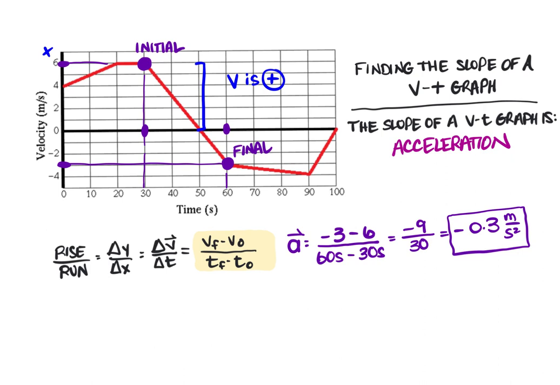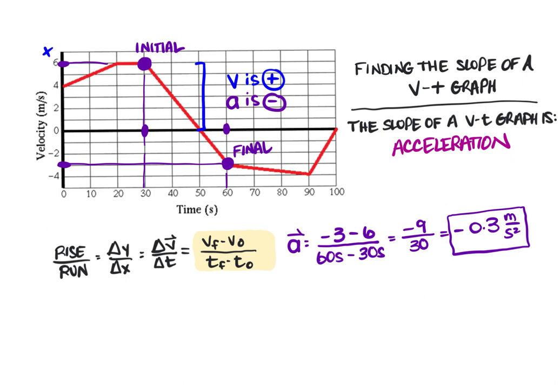At the time that the velocity is positive, the acceleration is negative. And remember, when the acceleration and the velocity are in opposite directions, the object is slowing down. And sure enough, the velocity starts at 6 meters per second, and at 50 seconds, the velocity has gone to 0. So it has slowed down.